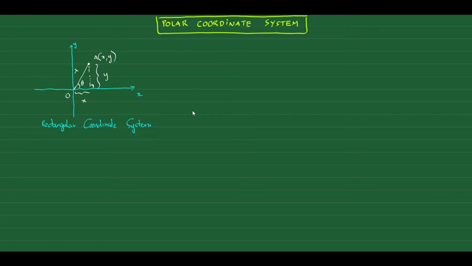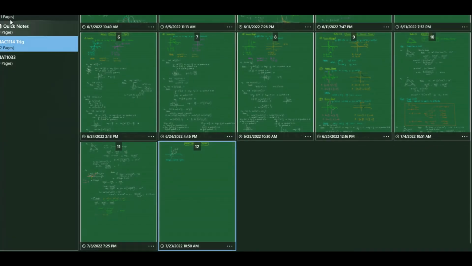This is what it looks like. Because I would have to draw many circles, I cannot draw them over here, so I just get a picture so that you can see what a polar coordinate system looks like. Let's see, I can import a picture over here.